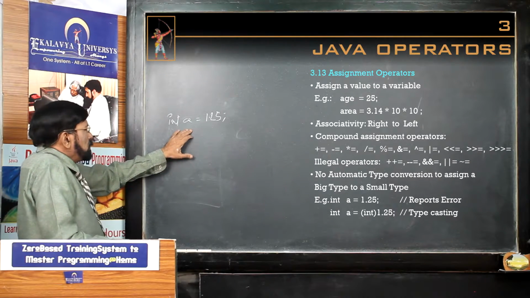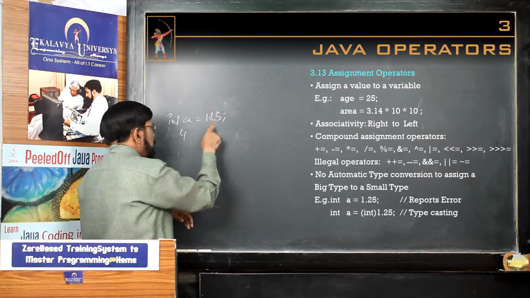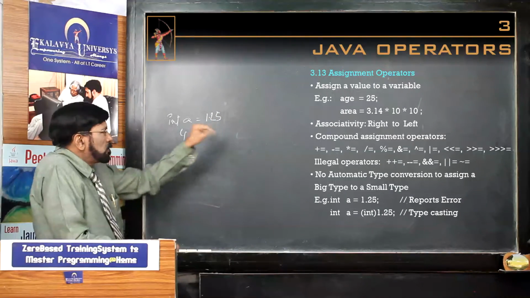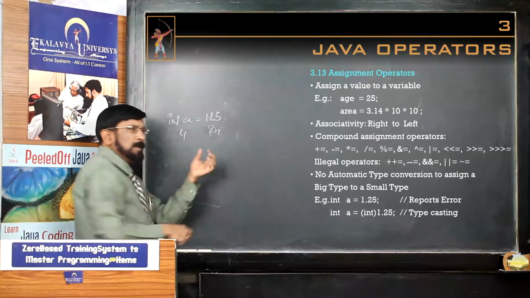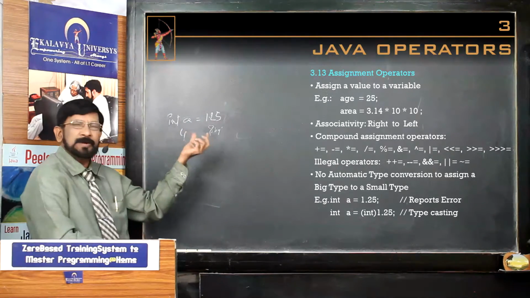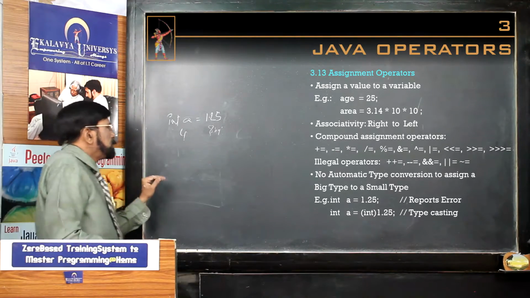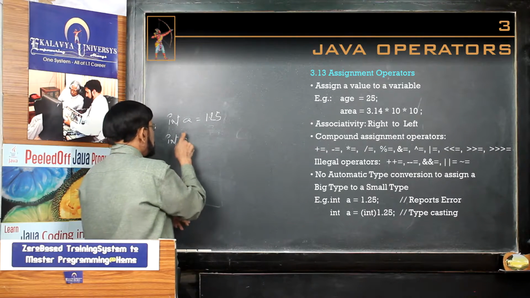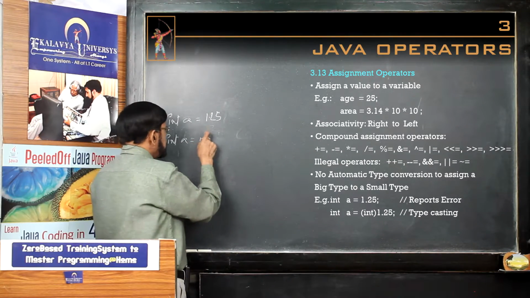Actually, you may get a doubt. In Java, the size of int is 4 bytes and the size of float also. This is not float, for your information. The default floating point type is double, 8 bytes. So, an 8 byte data item you would like to store in 4 bytes of memory. Not possible. Automatically it is not done. So, it reports an error. In order to make it successful, what should you do? Here you have to make a typecasting.